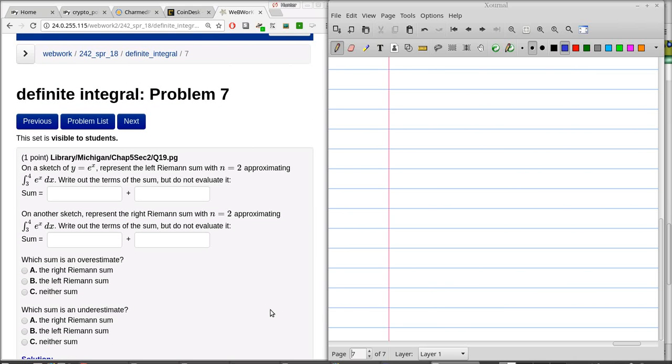On a sketch of y equals e to the x, represent the left Riemann sum with n equals 2, approximating and so on. Write out the terms of the sum, but do not evaluate it. So n is equal to 2. So the things that we need to know are, of course, delta x, which is going to be 4 minus 3 over 2, because n is equal to 2, which is 1/2.